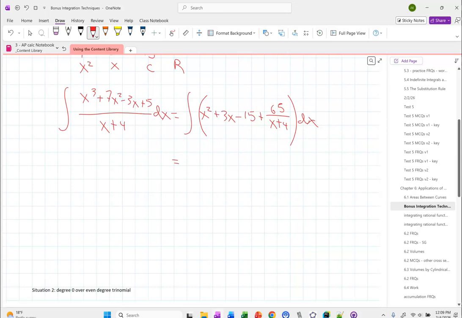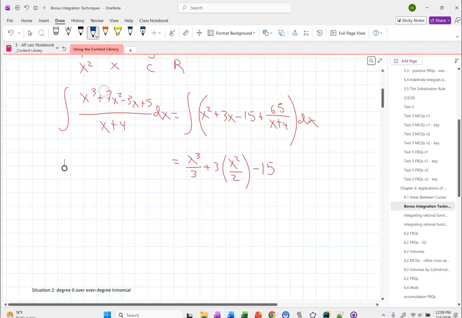What's the integral of x squared? And the integral of 3x? The integral of 15? And then for this last piece, what am I going to do?